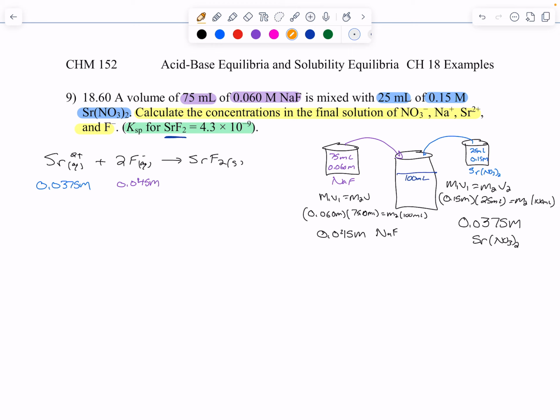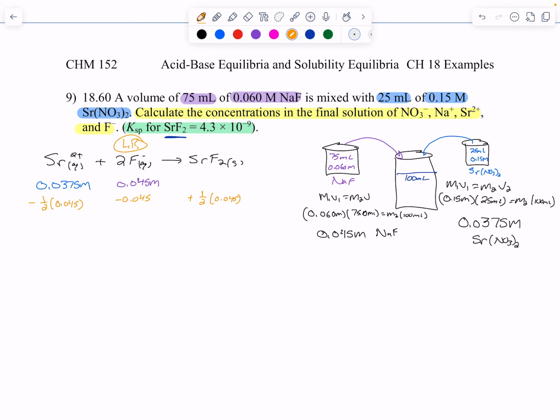If you remember from Chem 1, divide by the coefficient: 0.045 divided by 2 is smaller than 0.0375. So it means fluoride would be the limiting reactant. And so it would be minus what? Half of 0.045, and minus 0.045, and plus 1/2 of 0.045.